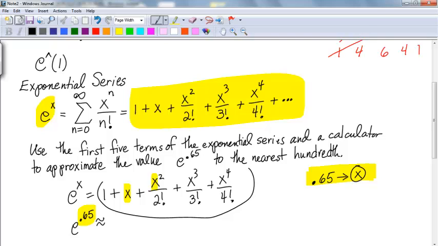Plus x to the fourth, divided by 4 factorial. Then press enter. 4 factorial wasn't 4 times 3 times 2. No, got to go back one. 4 times 3 times 2 times 1 is 24, right?